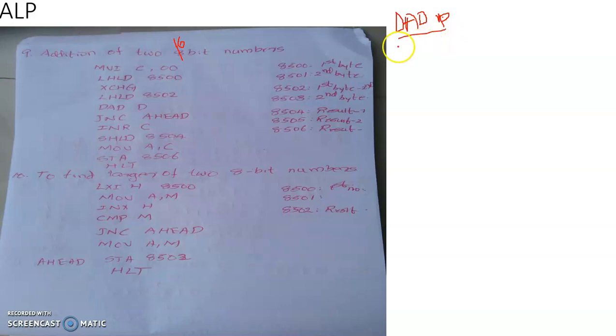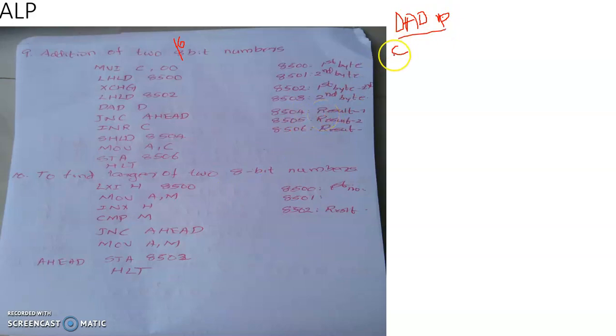Of course, you might have initialized the C register to 00. If a carry occurs upon this addition, you have to increment the content of register C by unity. If there is no carry, the content of C is not incremented. Then the two least significant bytes of the result present in the HL pair are stored to these two consecutive locations.